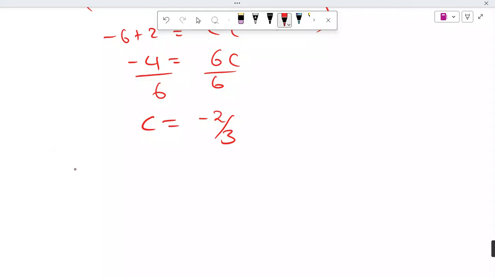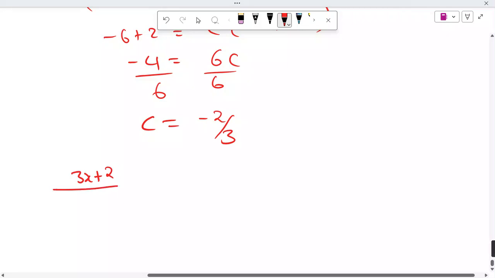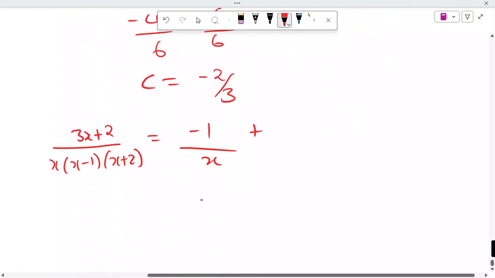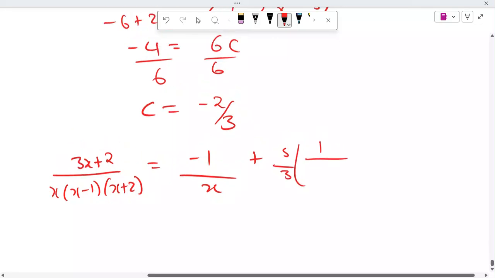We had the equation 3x plus 2 over x minus 1, x plus 2, which is the same as negative 1 over x, plus B, which is 5 over 3, open bracket, 1 over x minus 1.